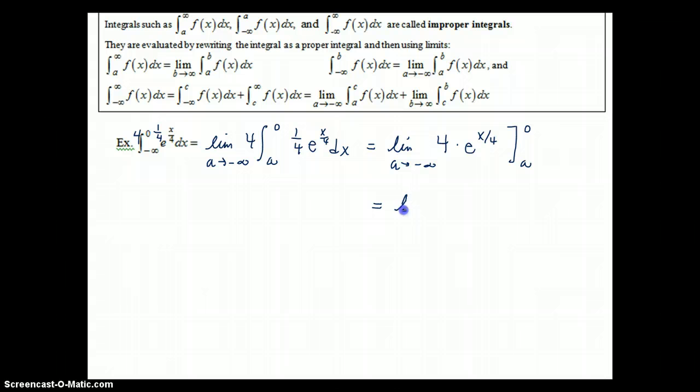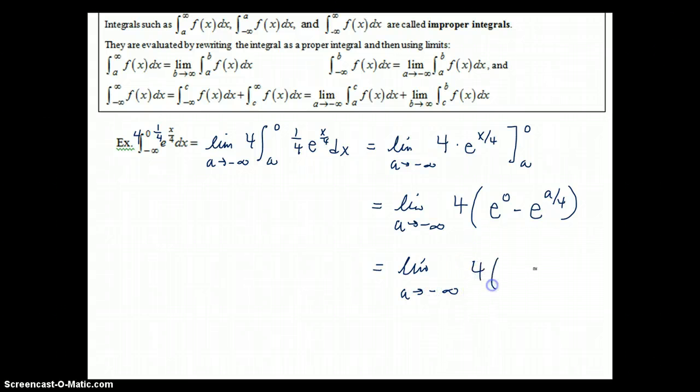Next step, limit as a approaches negative infinity of, let's plug in the values, 4 times e to the 0 minus e to the a over 4. And now we simplify a bit. We get the limit as a approaches negative infinity of 4 times 1 minus e to the a over 4. And now we think about this negative infinity being placed up here in this fraction.